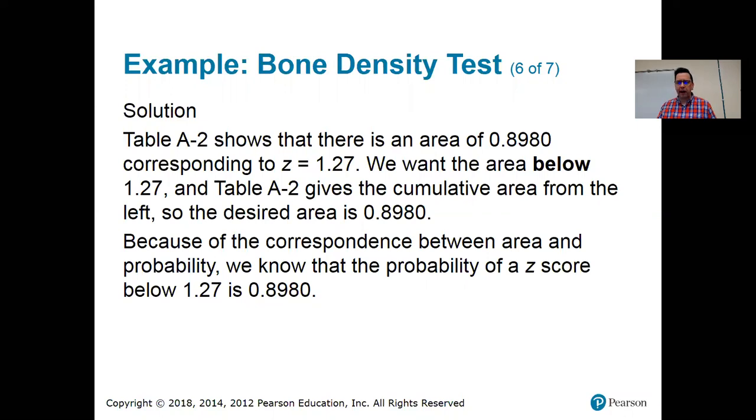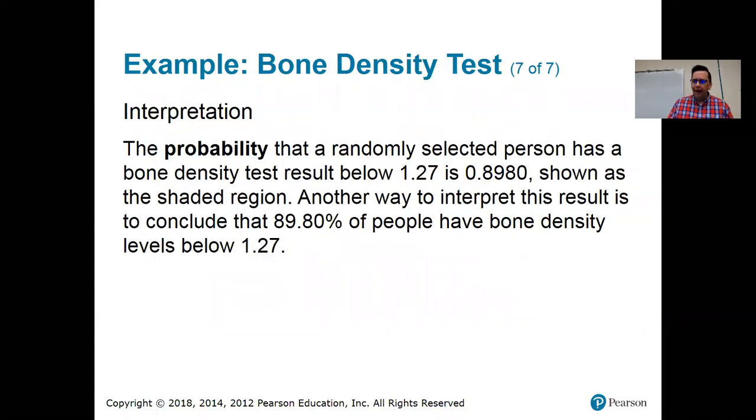Because of the correspondence between area and probability, we know the probability of a z-score below 1.27 is 0.8980. Another way to interpret this is that 89.8% of people have bone density levels below 1.27.